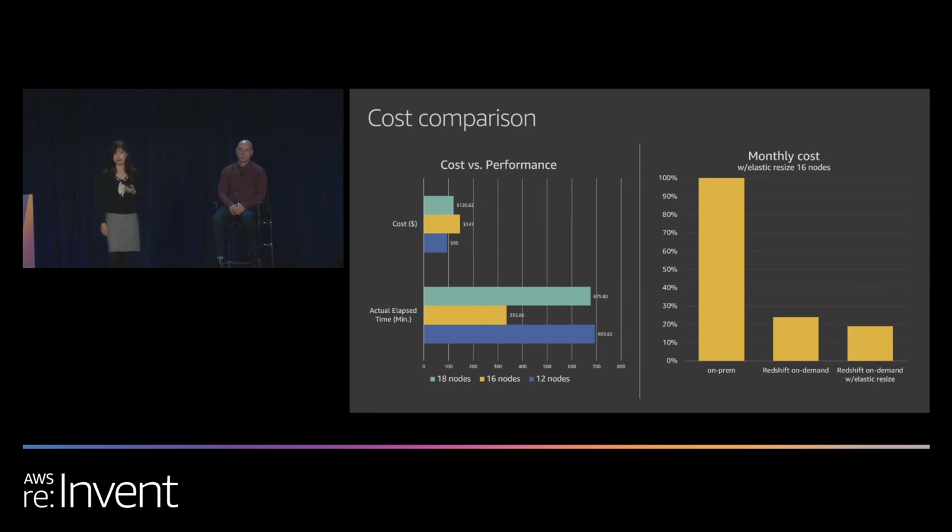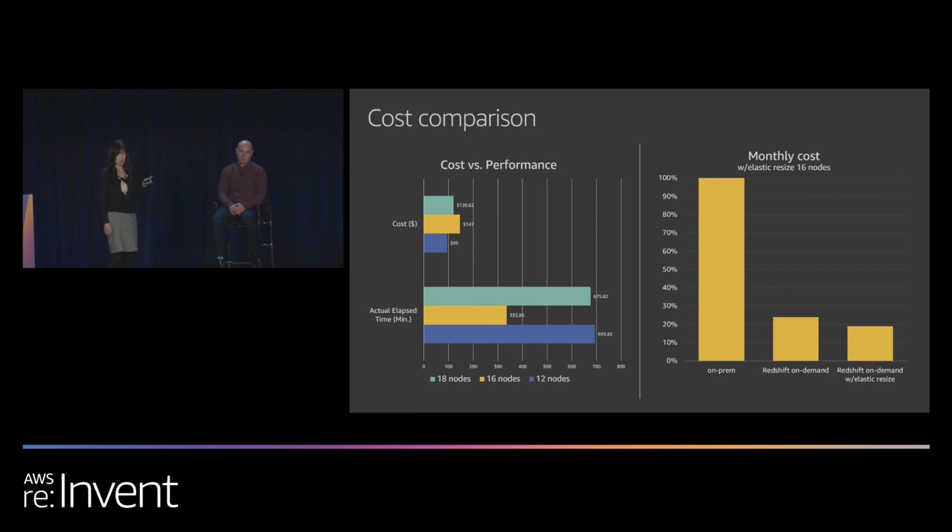So when we are evaluating what will be the right Redshift cluster to start with, we look at both cost and performance. Here, we tried 3 different Redshift configurations: 12 nodes, 16 nodes, and 18 nodes. And these results are with the concurrency scaling enabled.